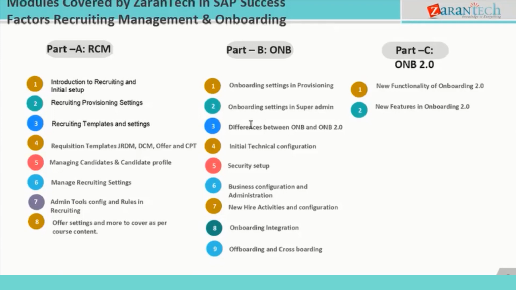A few of you may know who the implementation partners are. SAP implementation partner companies are like Accenture, IBM, Capgemini. These organizations are the SAP partner companies, and the customers are like Coca-Cola, PepsiCo.